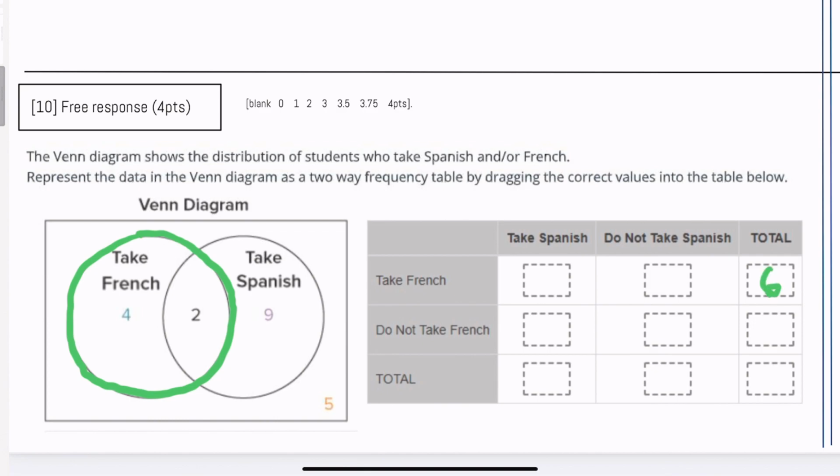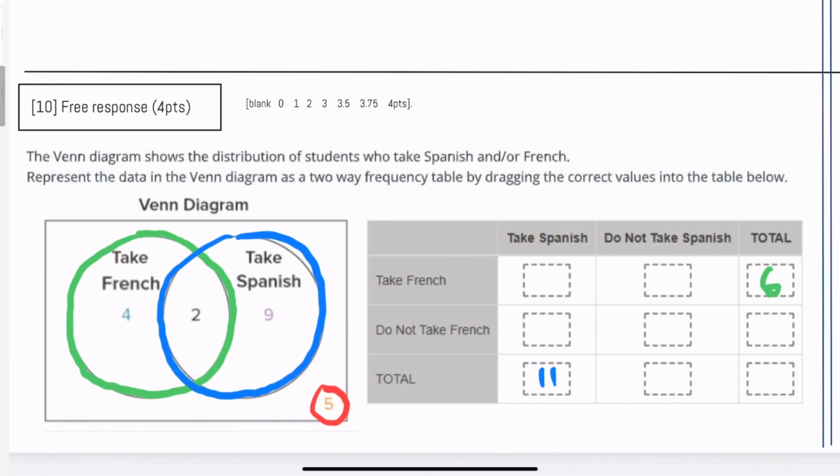And then I will do blue. Spanish is 2 plus 9. That would be 11. And those who are not taking anything, this would be 5.